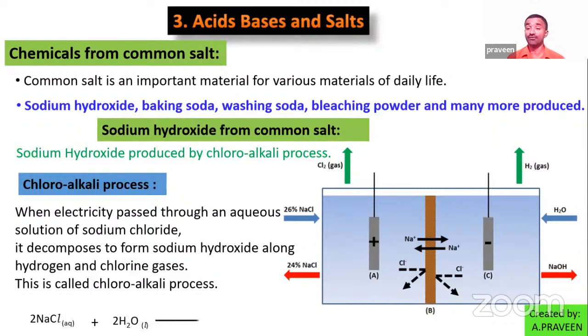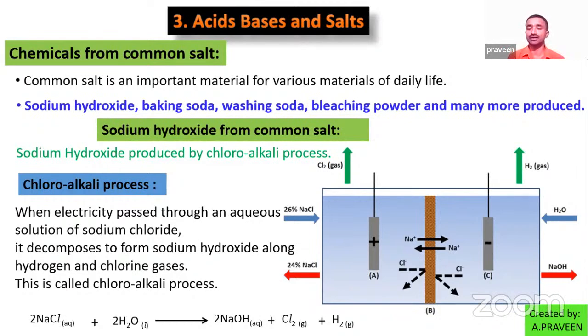Then when you supply electricity through the liquid solution of NaCl, it decomposes into sodium hydroxide aqueous solution, and the gases chlorine and hydrogen are liberated at the anode and cathode respectively. So this is the chemical equation for the chloroalkali process, the production of NaOH. Simply, we have learned about these two topics.